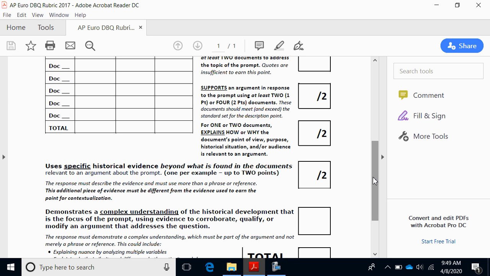So something you would do as outside evidence: if it was a DBQ about religious elements in the Renaissance, and one of the documents was the Last Supper by Da Vinci, you would say something like, in addition to the religious elements in the Last Supper, Da Vinci also showed religious elements in Madonna on the Rocks.